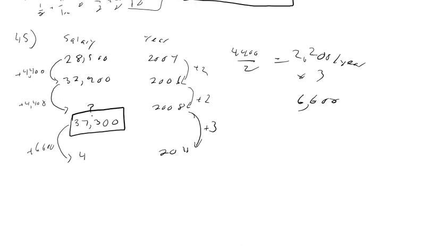Exactly. We can figure out these growth rates, and this number that you figured out, the salary per year, we call that a slope. That's exactly what a slope is. Slope is just an amount of growth over a certain time.